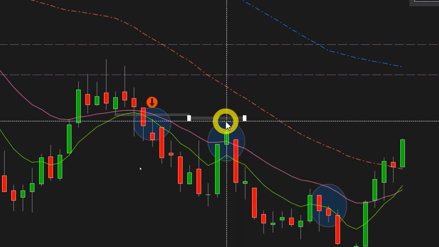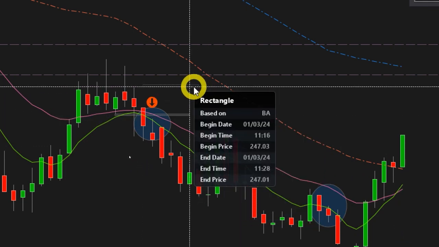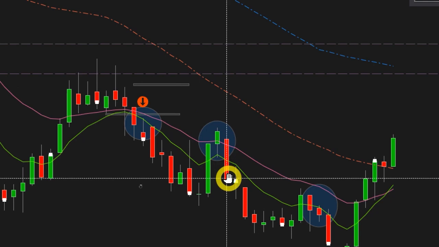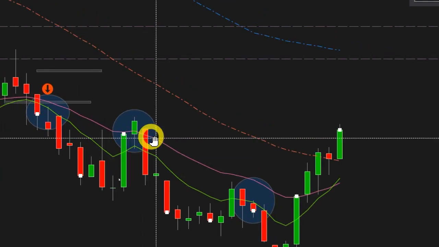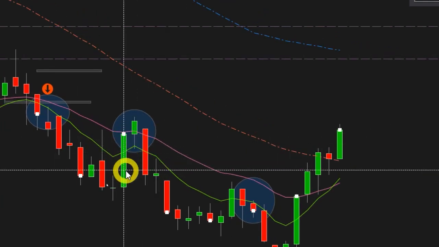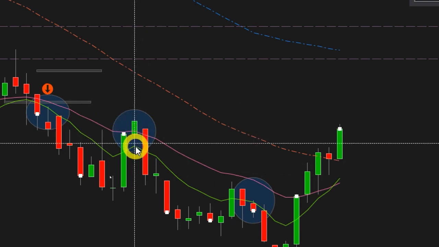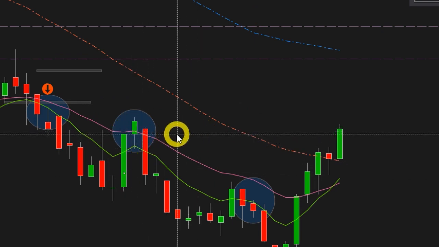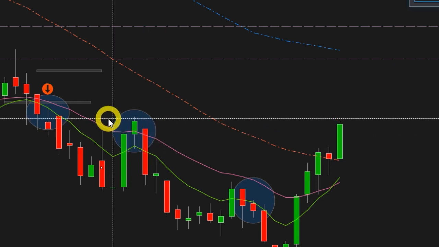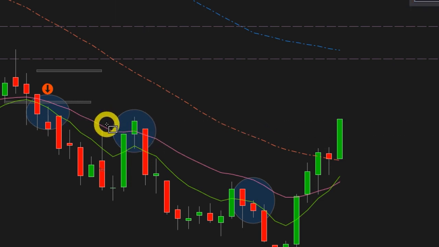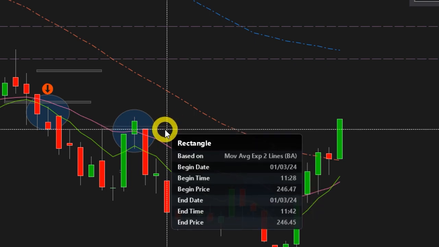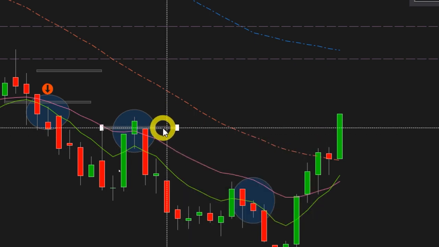Now, here's an area right here that might not have worked very well, depending on when I did it. Because if this candle turned green, it jumped over, and at some point it started turning red. If I would have gotten short when it started turning red and put my stop loss at the top of this big green candle, then it would have come back up, as you can tell here, and stopped me out.